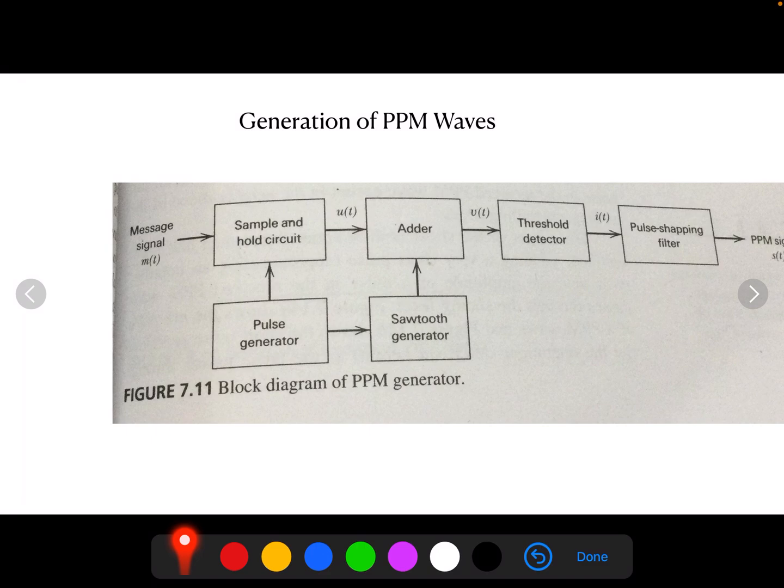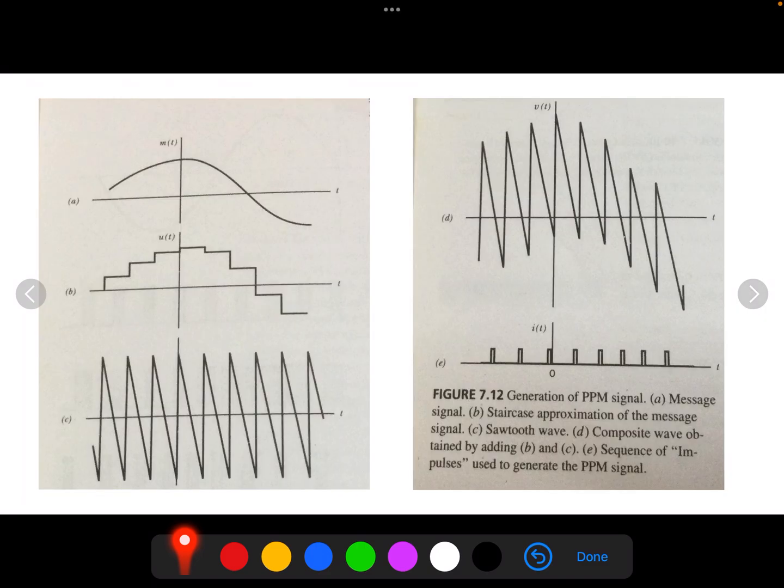You use a pulse shaping filter so that you get a suitable PPM wave. Next we saw the waveforms at each step. These are all the things which we have learnt in this video.